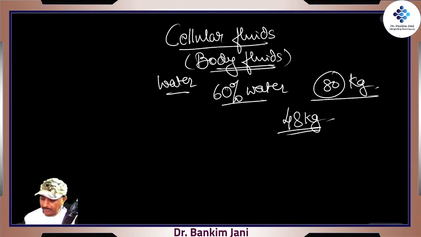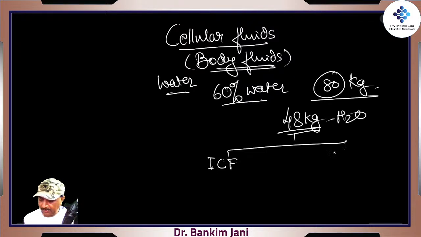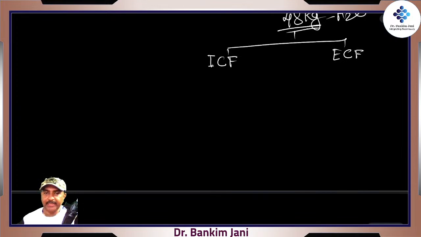Now this water is divided into two parts: the intracellular fluid and the extracellular fluid. As this topic has already been taken, I'll be going a bit fast. Intracellular fluid is the fluid inside the cell.